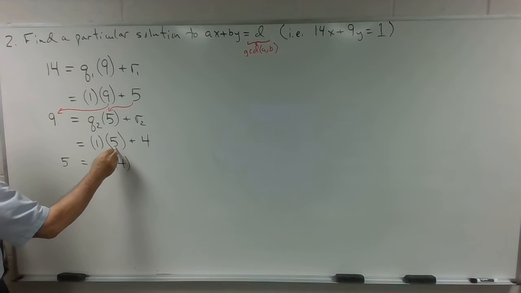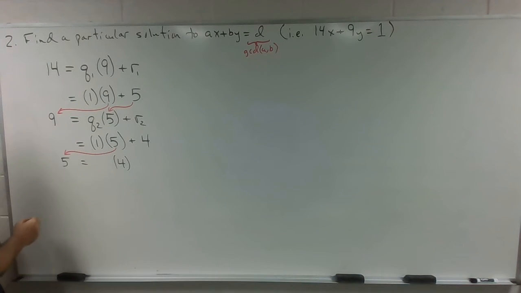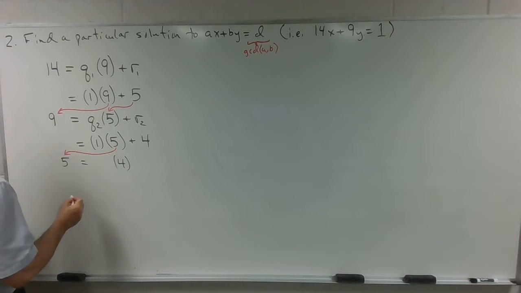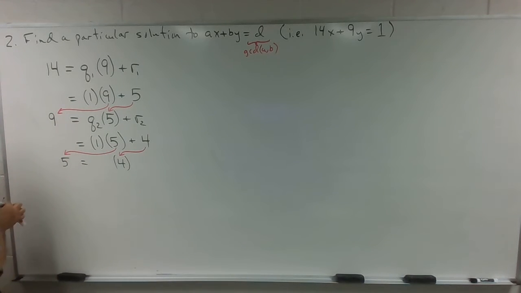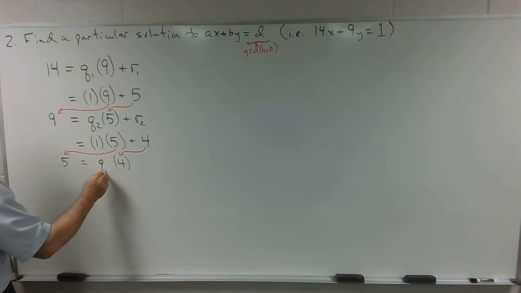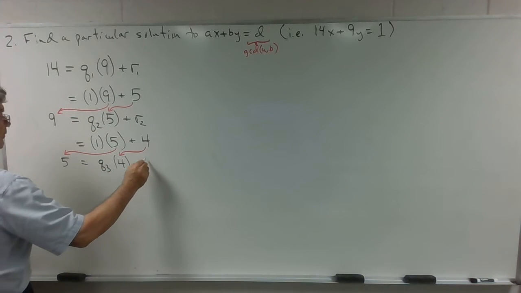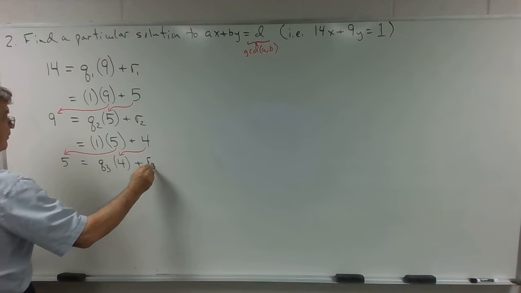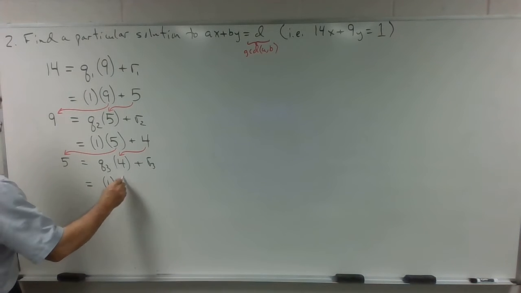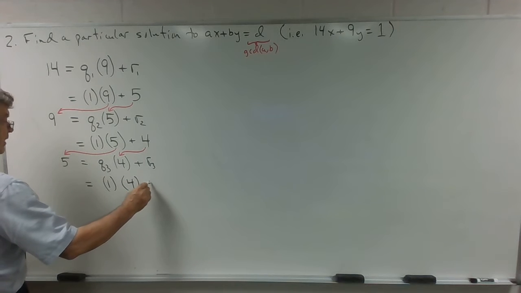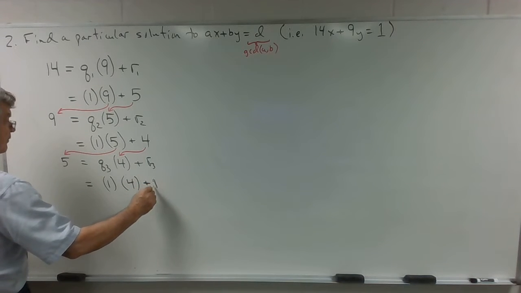And the old divisor becomes the new dividend, and the old remainder becomes the new divisor. And 5 is equal to 1 times 4 plus a remainder of 1.